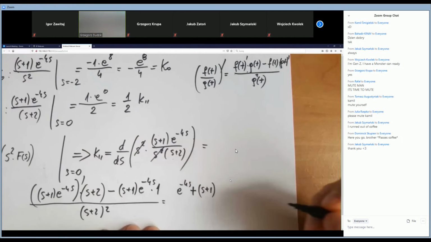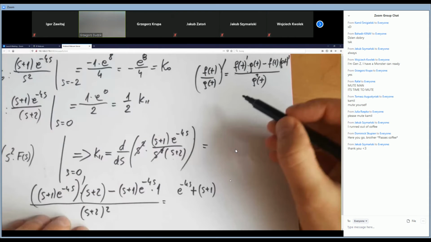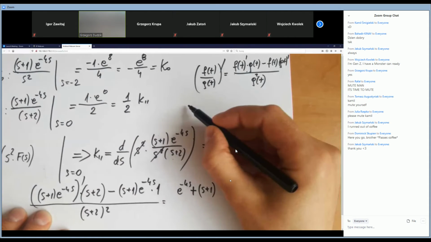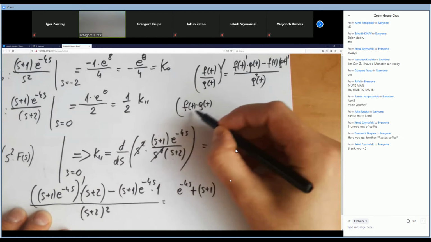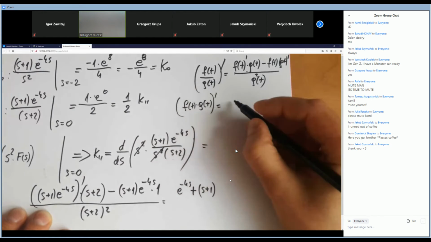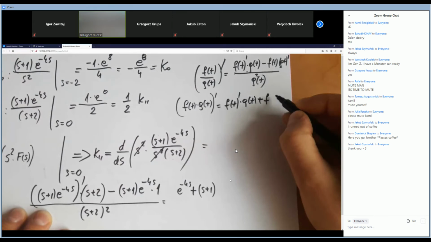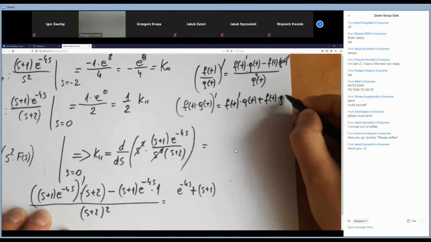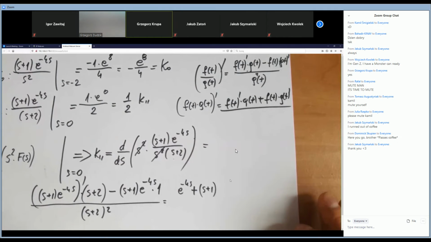Yeah, Grzegorz, that's right. I didn't calculate it yet, but I was talking about the general formula. So if you've got two functions, f(t) times g(t), and we want to find the derivative of it, it is f(t) prime times g(t) plus f(t) times g(t) prime. I heard you saying minus and wanted to correct it.